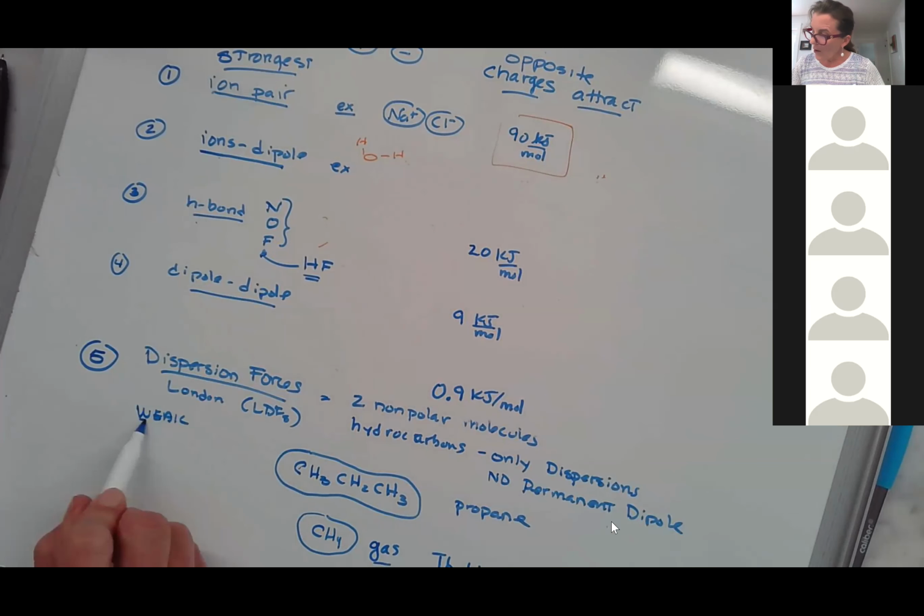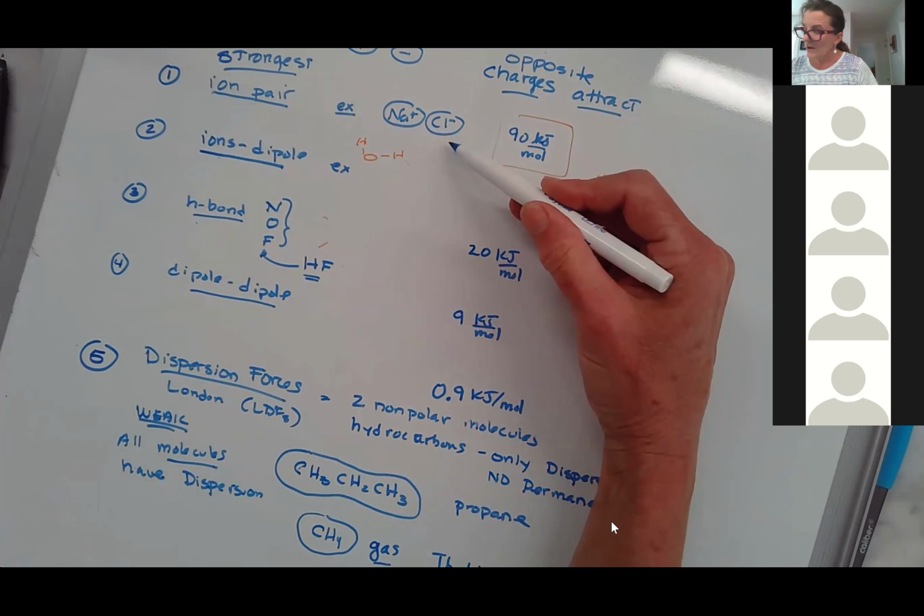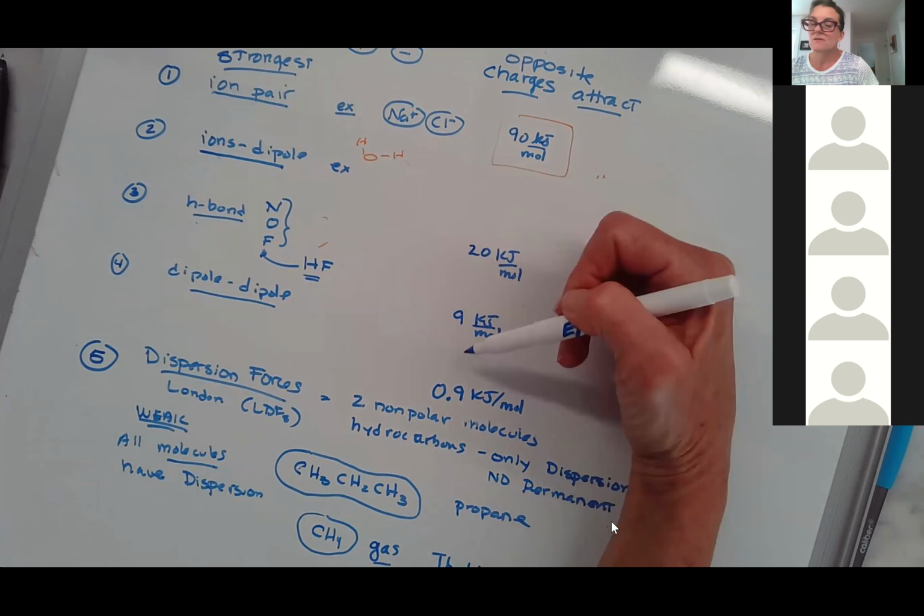Also know that all molecules have them. My ion pair, my sodium chloride, has an ion pair interaction, but it also has dispersion forces. However, the dispersion forces are 1% of the strength of the ion pair.